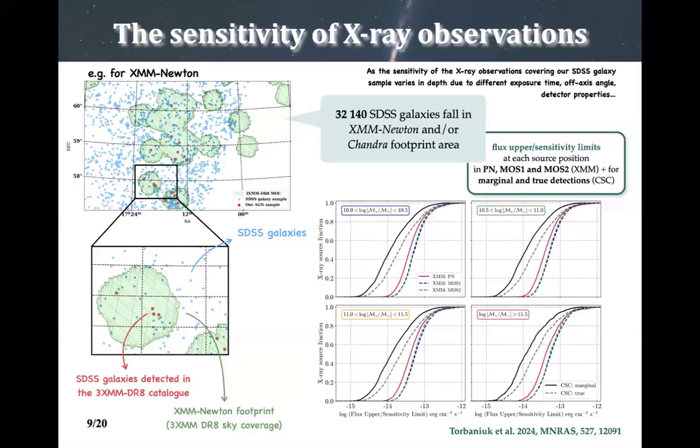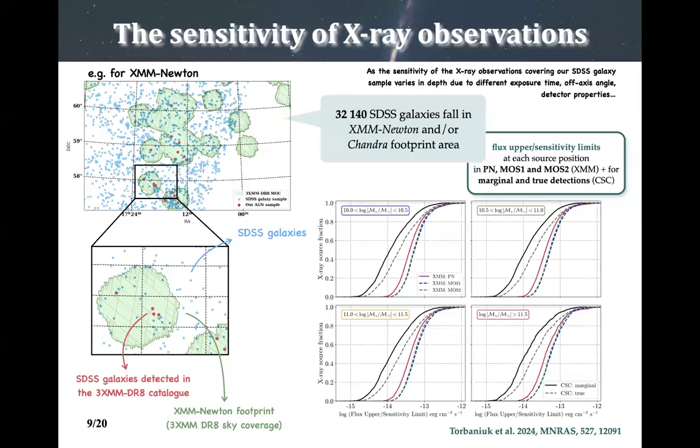So we have 2,000 detections, but we know that in reality 32,000 galaxies should have been observed by Chandra or XMM, but they were not, because there is no homogeneous sensitivity of the observation. Using this flux upper limit for the two surveys, we calculated the cumulative distribution of flux upper limits.